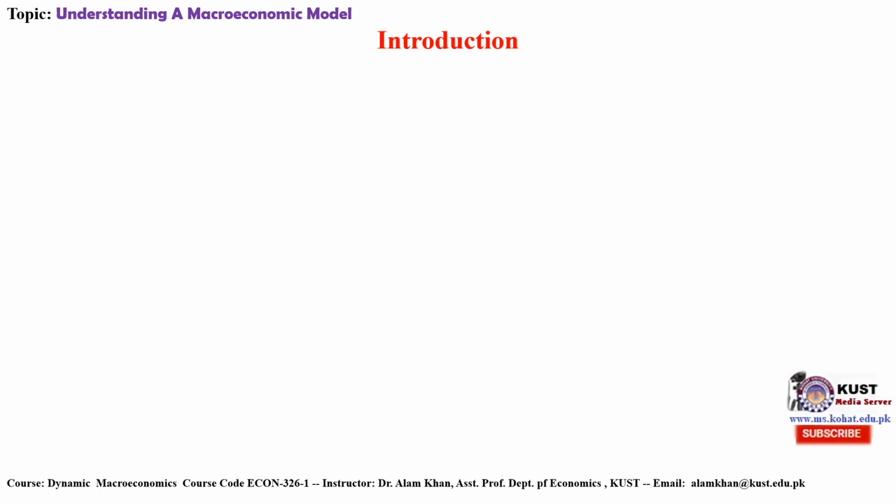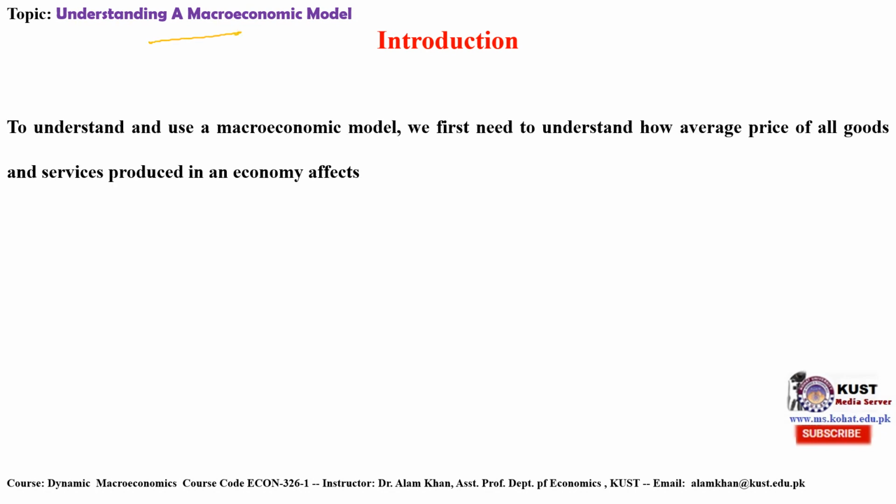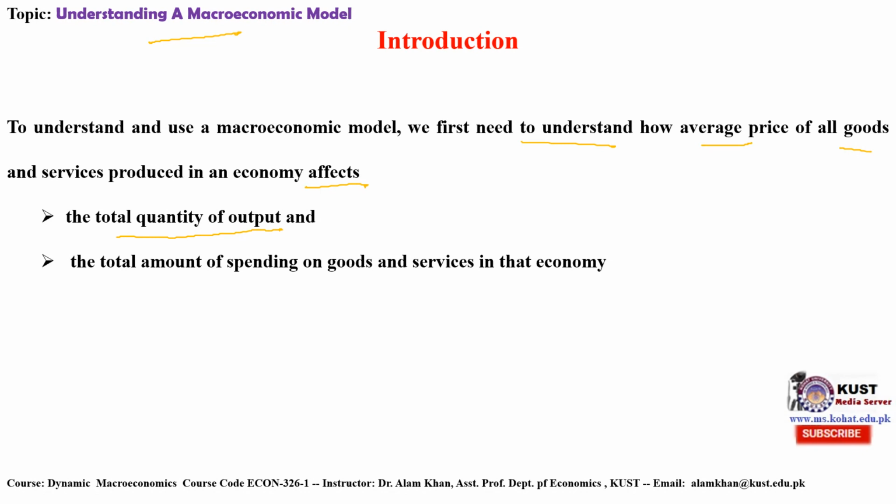Understanding a macroeconomic model. We first need to understand how the average prices of all goods and services produced in an economy affect the total quantity of output and the total amount spent on goods and services in that economy.